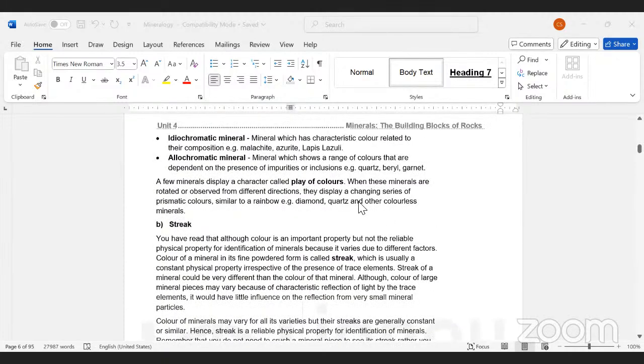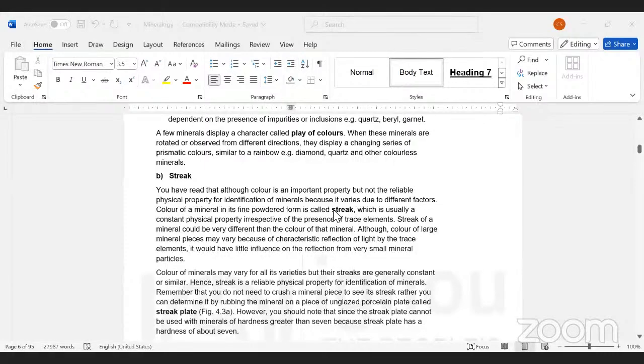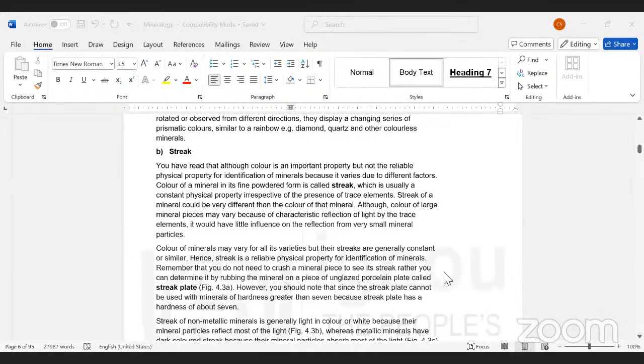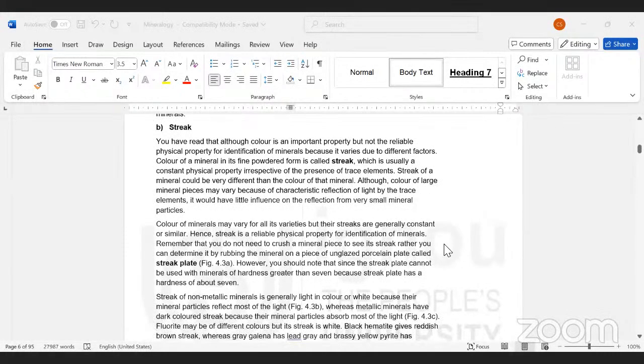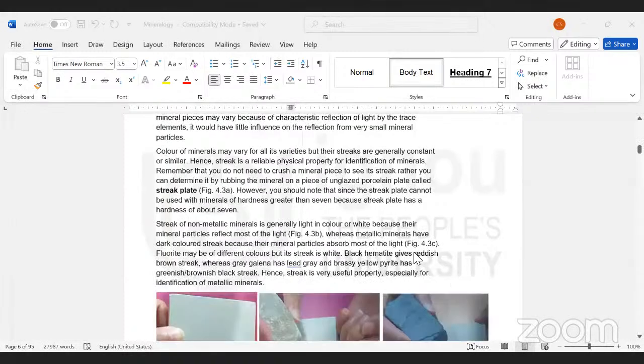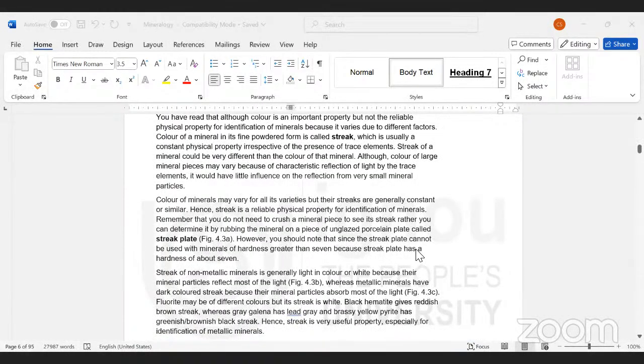The second property is streak. The first one is color and the second one is streak. So what is the streak here? The streak gives the color of a mineral in a fine powder. In a fine powder, this property is known as streak. It uses a streak plate.